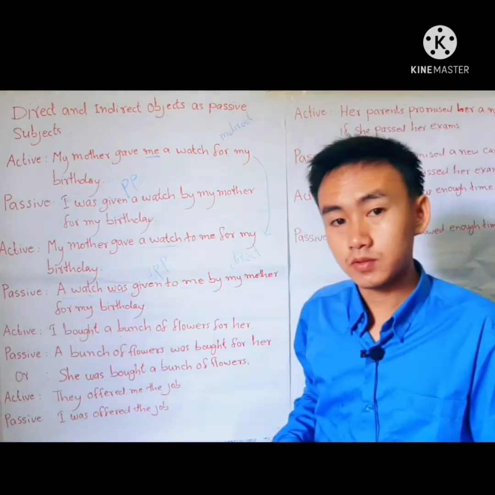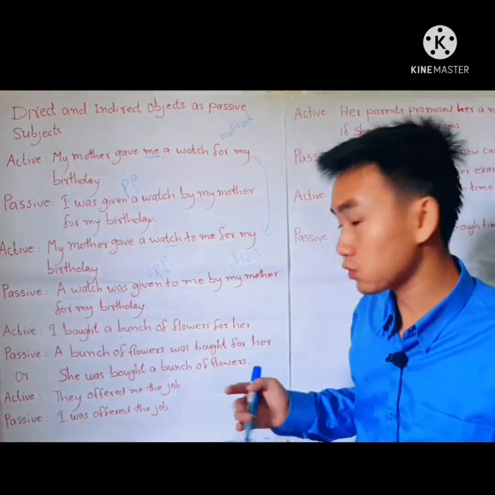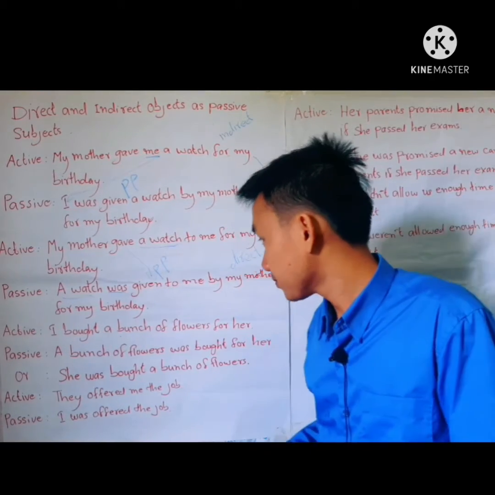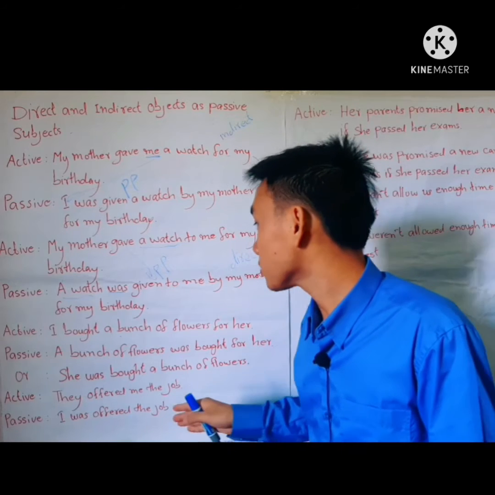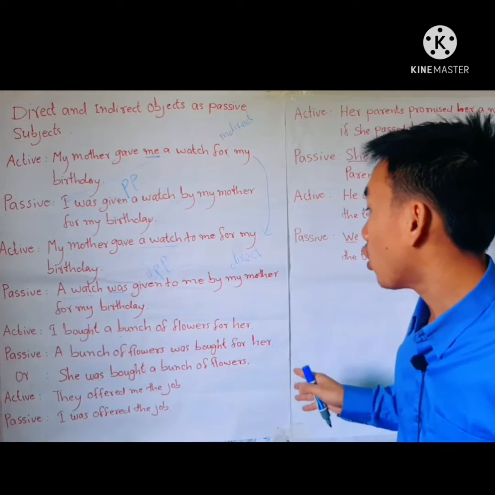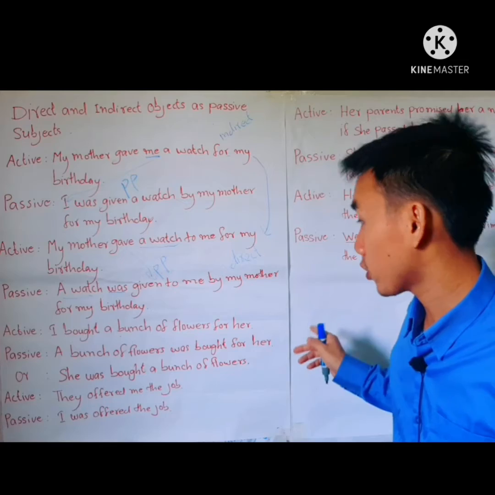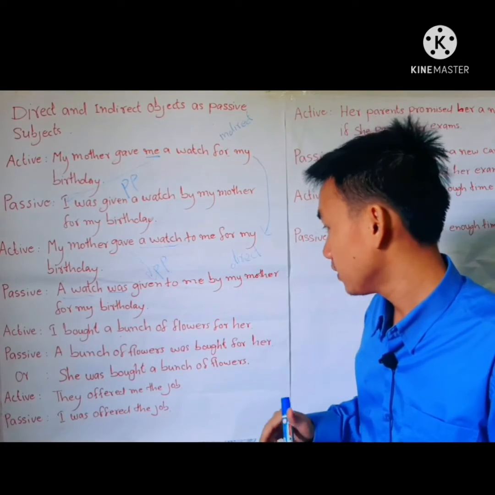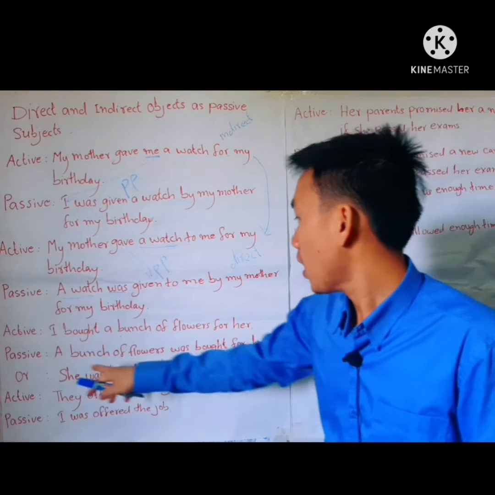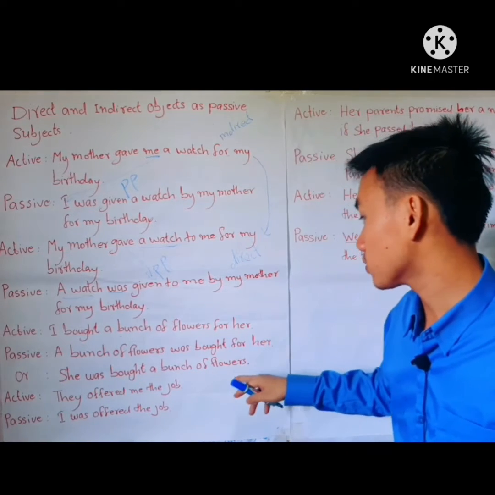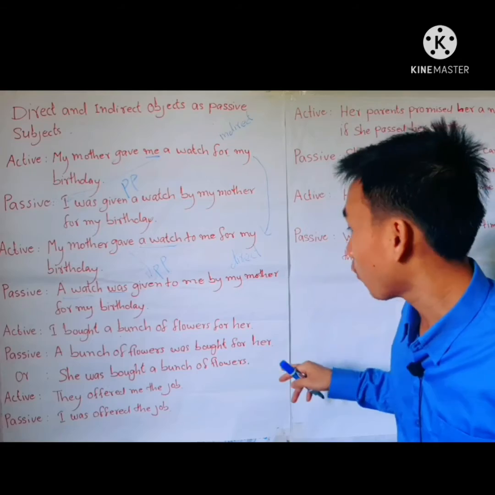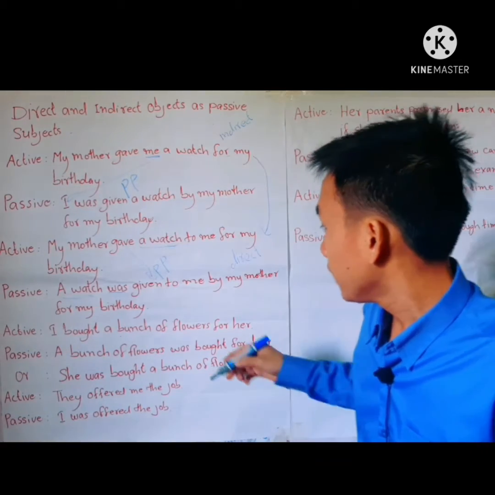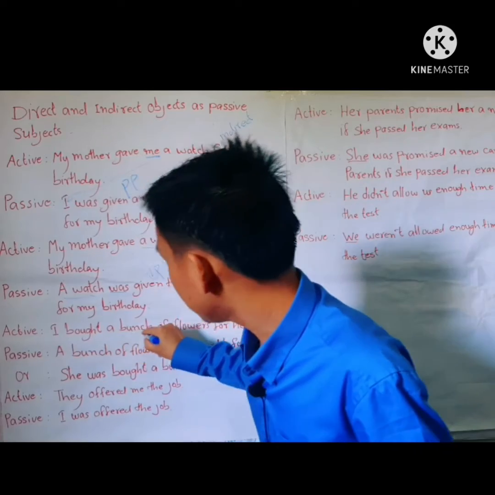Alright, and please take a look at the next one. I bought a bunch of flowers for her. Let's see the passive one. A bunch of flowers was bought for her. In this one, here's the object, right?